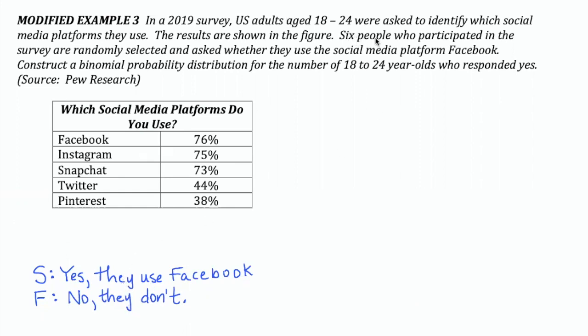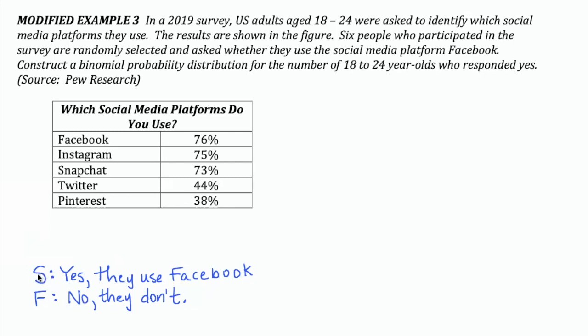If we're choosing 6 people and asking whether they use the social media platform Facebook, obviously each person is either going to say yes or no. I'm going to assign yes to be the success, and I'm going to call no the failure. Technically, though, you can reverse these. Just because we use the terminology success and failure doesn't mean that we can't use them the other way. You could call a success not using Facebook. In fact, some people might think about things that way.